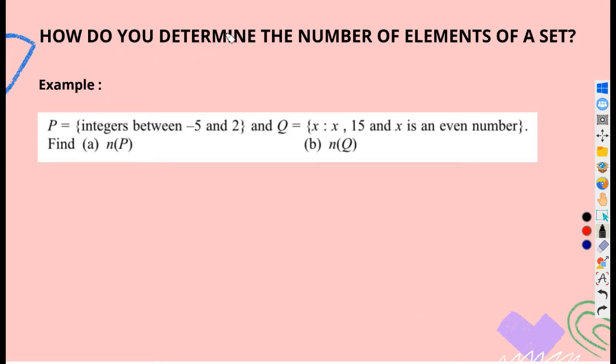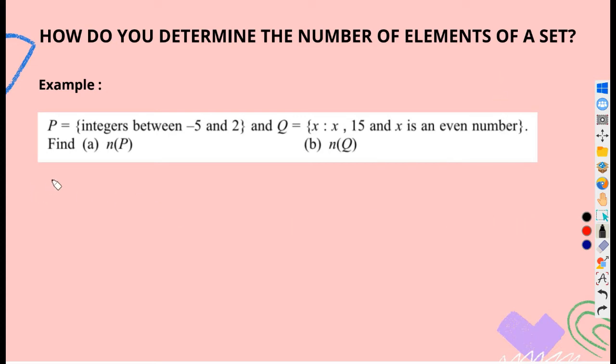How do you determine the number of elements of a set? The next example is set P. Set P here is the integers between -5 and 2. Another one here is set Q: x is an even number less than 15.